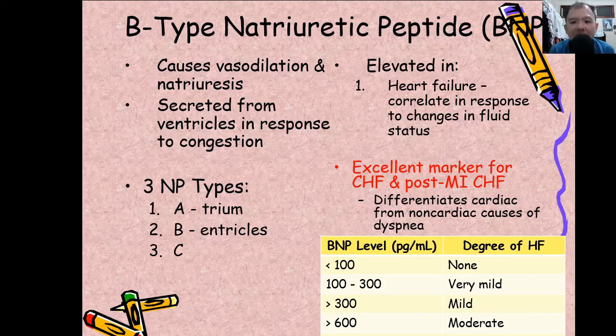However, it can also predict a possible future episode of heart failure after an episode of myocardial infarction. It differentiates cardiac from non-cardiac causes of dyspnea. The normal level of BNP is less than 100, so anything above that is stated as what you have seen in the slide.